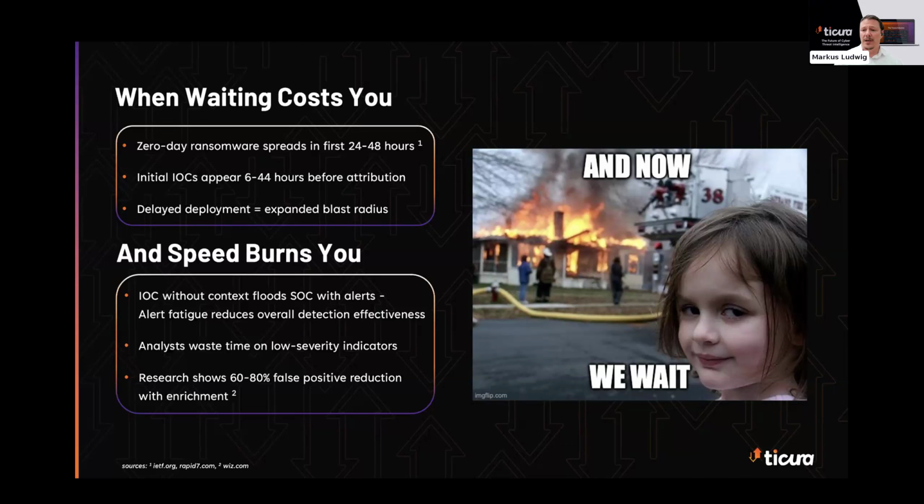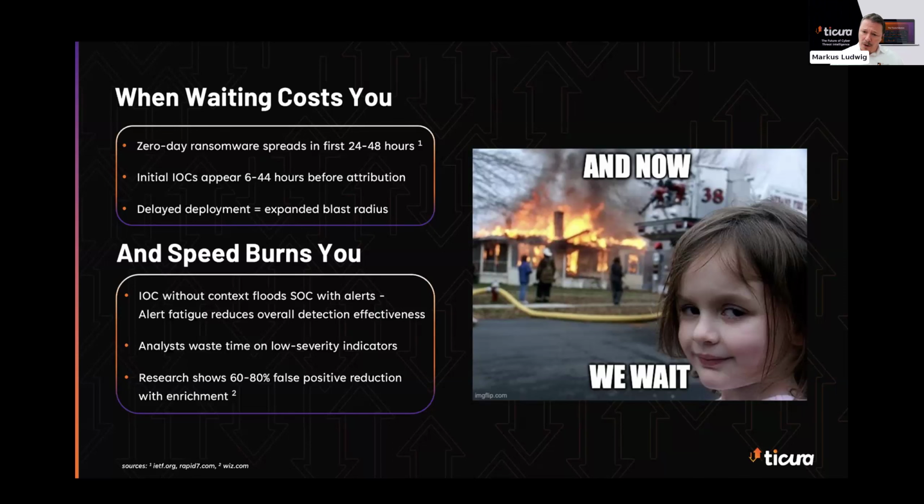For example, just enrichment and contextualization can lower the false positive rate by 60 to 80%, which is a huge number when it comes to operational intelligence. So what do we do? How much context can we actually wait for?